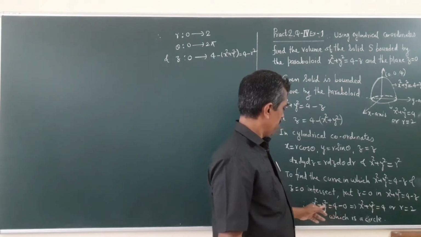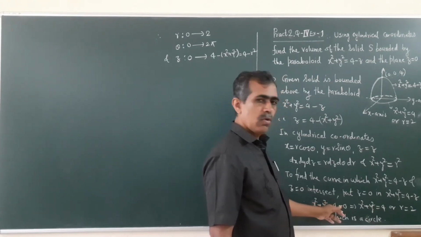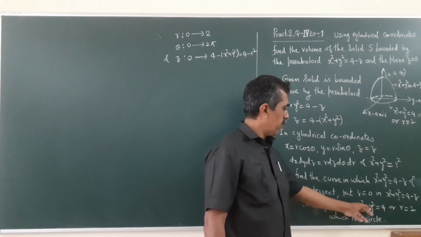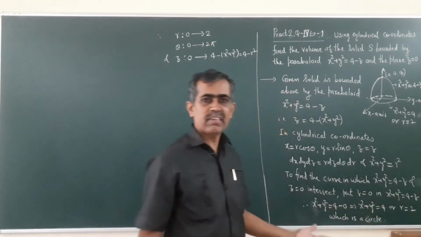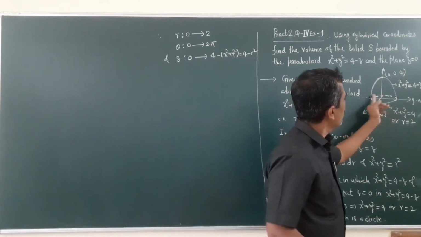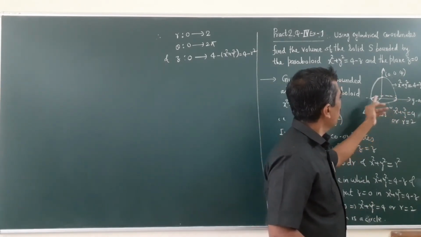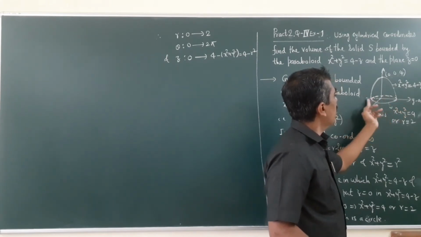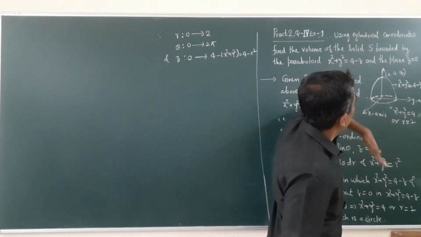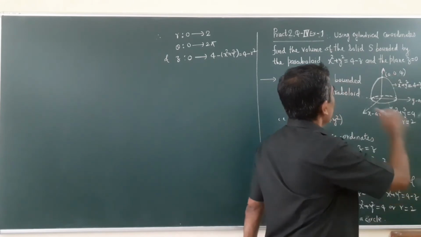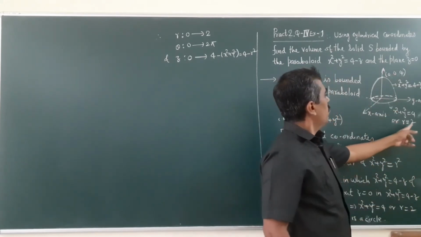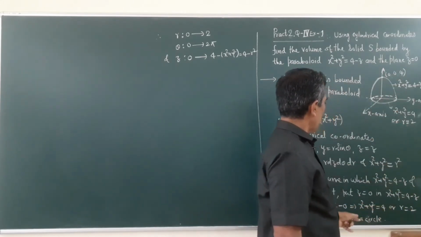What you get is x square plus y square is equal to 4 minus 0, so x square plus y square is equal to 4, which is a circle in the xy plane. So the base is of the shape of a circle of radius 2.